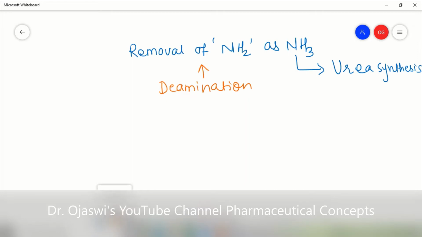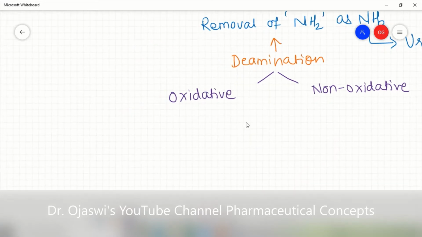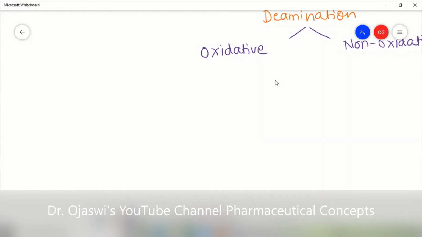So let us learn more about deamination. There are two ways by which this deamination can occur. There is oxidative deamination, and there is non-oxidative deamination. Let us first learn some important aspects of oxidative deamination.